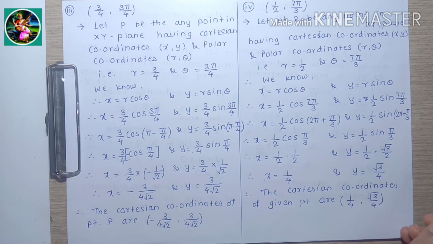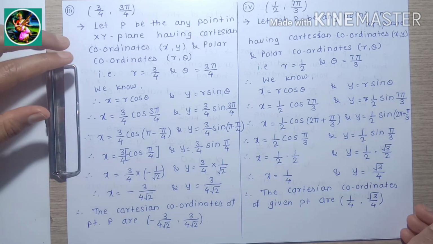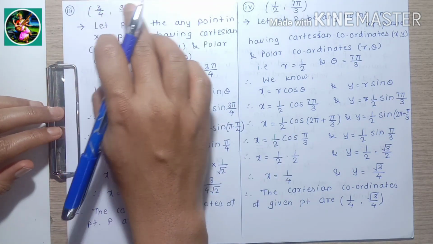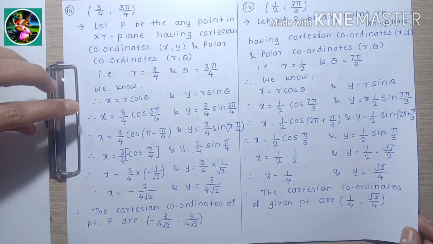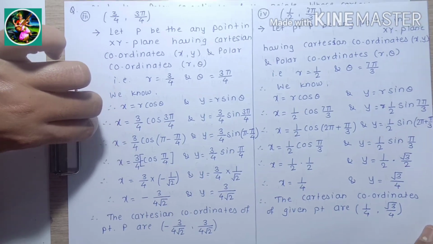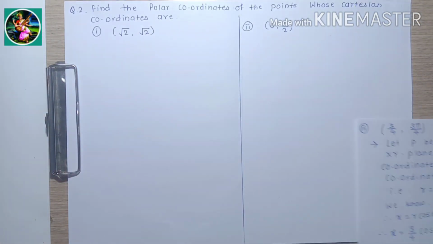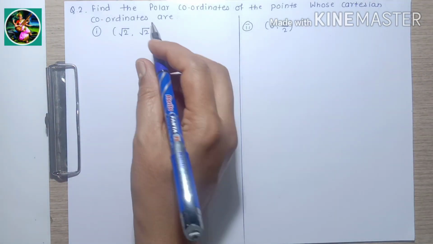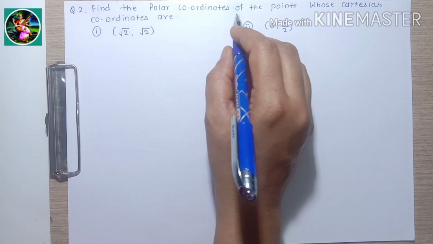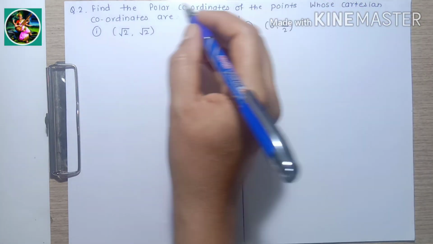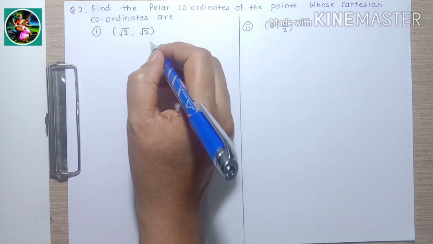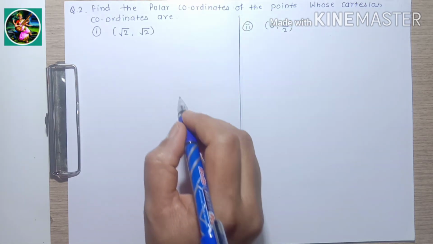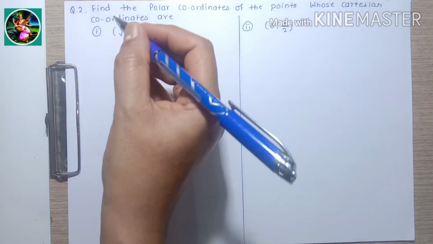Here we solved question number 1, that given polar coordinates, we have to convert them into Cartesian coordinates. Now we are going to solve question number 2, that is find the polar coordinates of the points whose Cartesian coordinates are given. Here Cartesian coordinates are given and we have to find its polar coordinates.